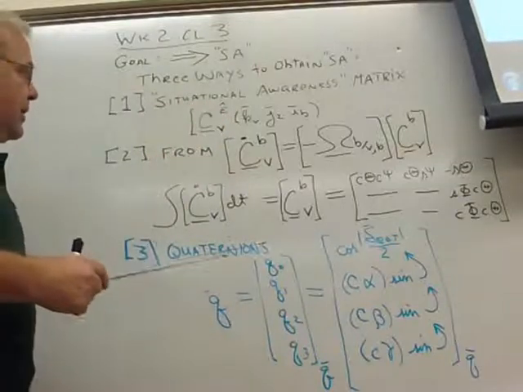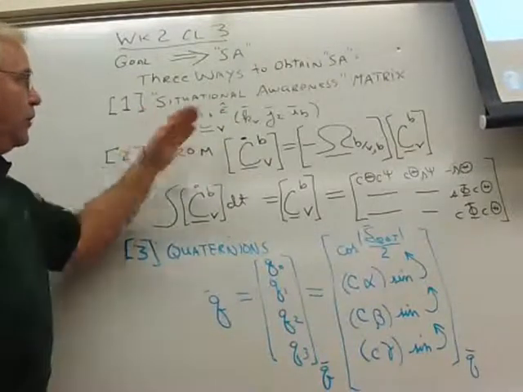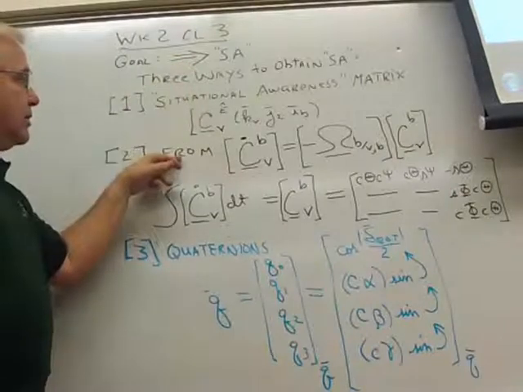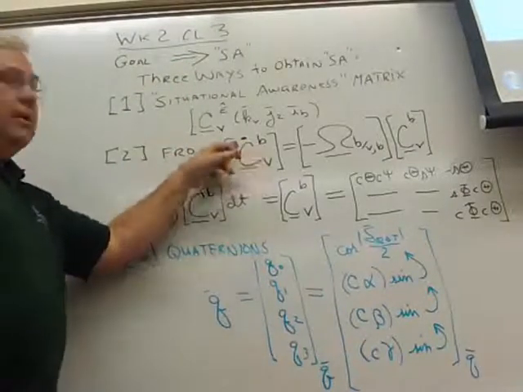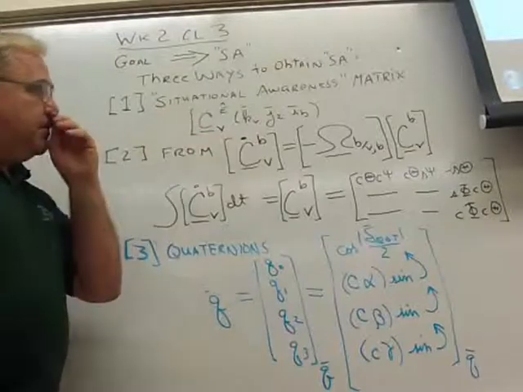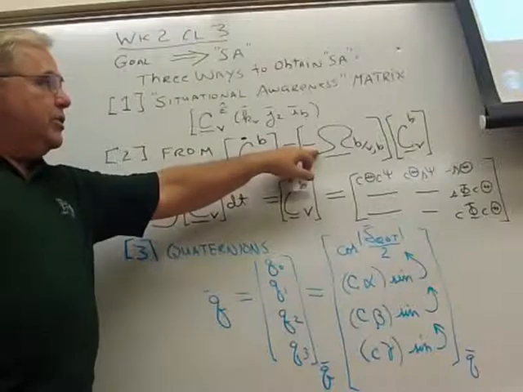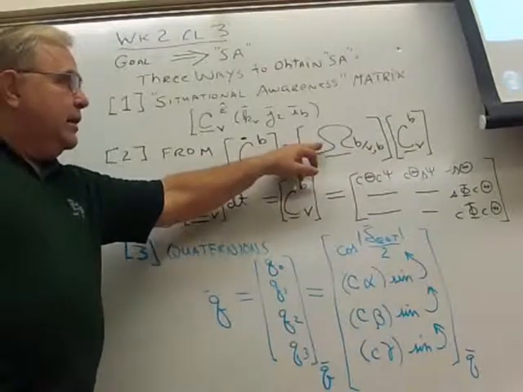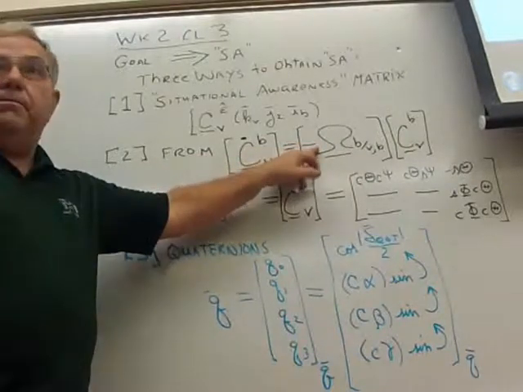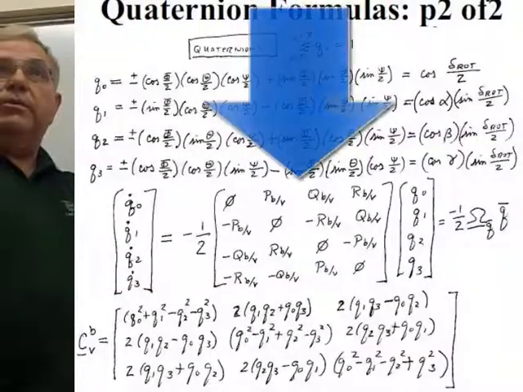So yesterday, we derived an alternate way to get situational awareness through the CBV dot. We derived this. We saw it became a matrix, a skew-symmetric matrix, a rotational matrix, and the elements of this matrix are P, Q, and R, the sensor rate outputs.